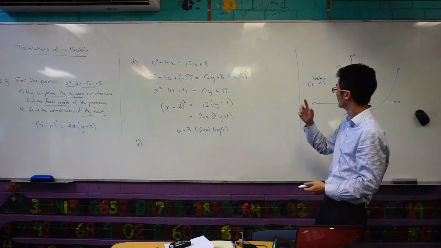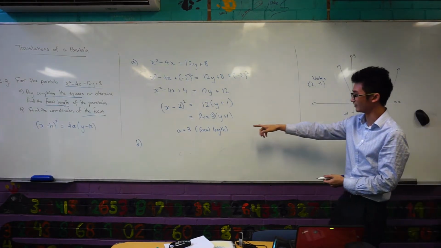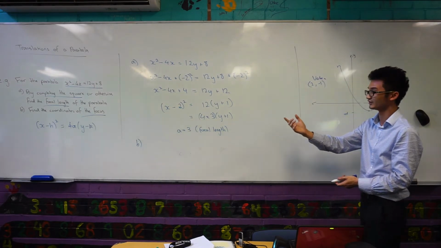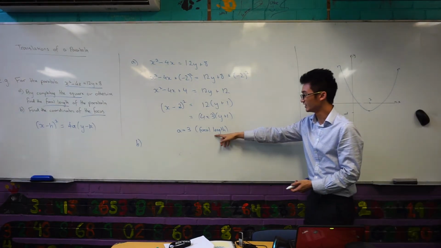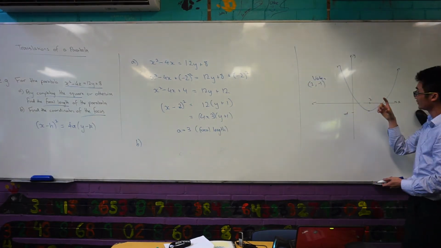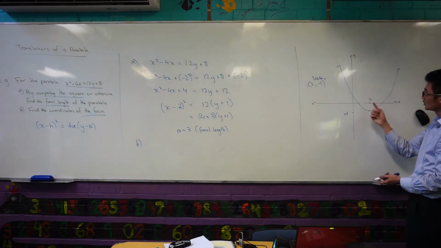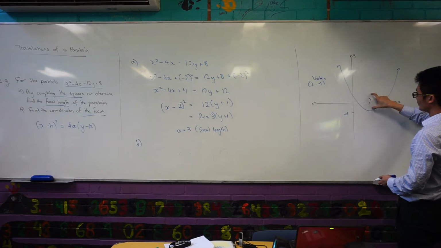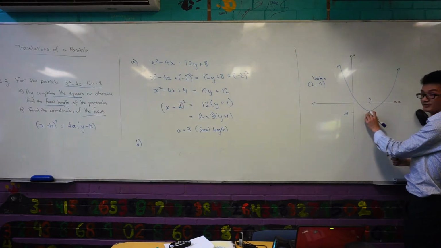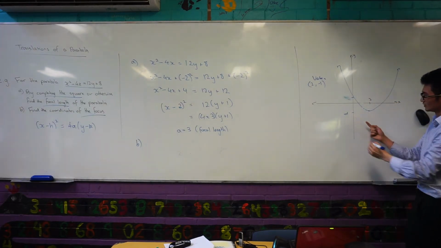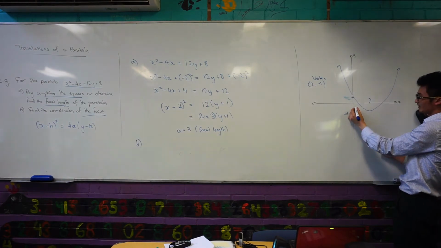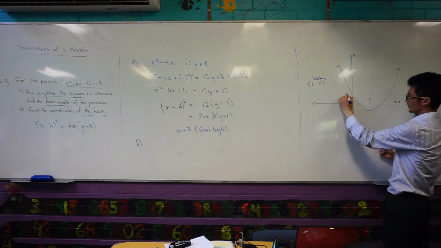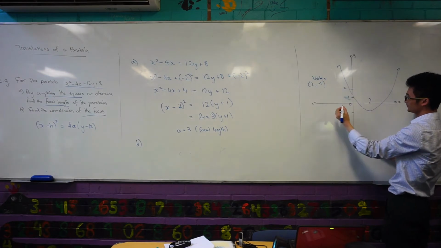So now that I've got both the vertex and the focal length, it's really easy to find the focus. Because you know the focal length is just how far away the focus is from the vertex. And because we've got a concave up parabola, my focus is going to be 3 units above this vertex here. So up from negative 1, I go up, I get to 0, and 1, and then 2.